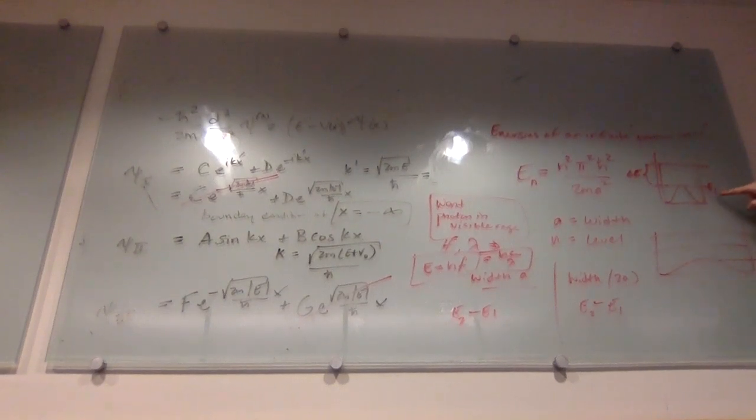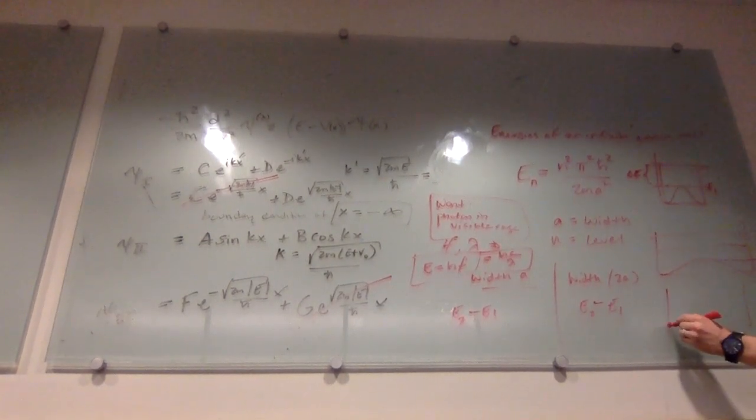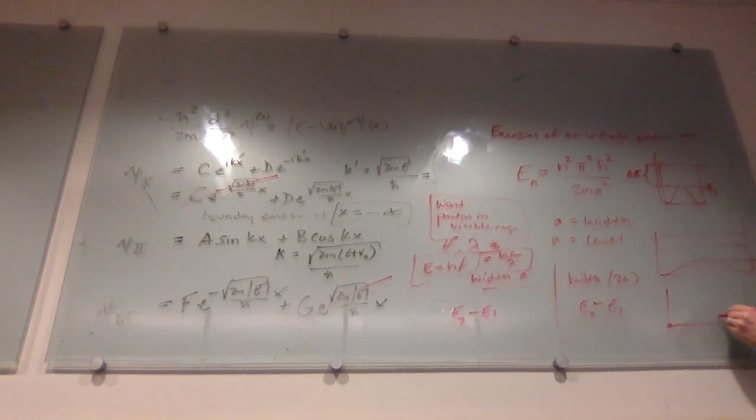Let me just call back to the thing: we know we can't have zero energy because zero energy is associated with the wave function that's flat, right? And that solves the Schrodinger equation, but it doesn't work because... You remember why it doesn't work? It's not normalized.